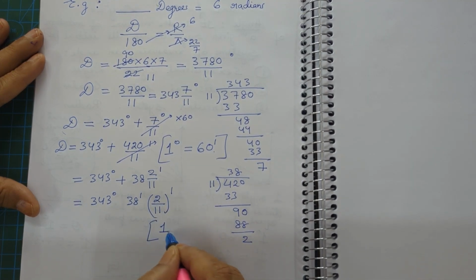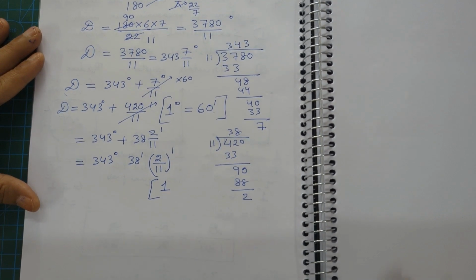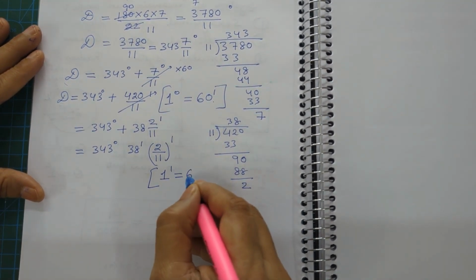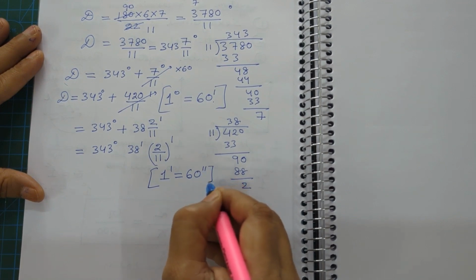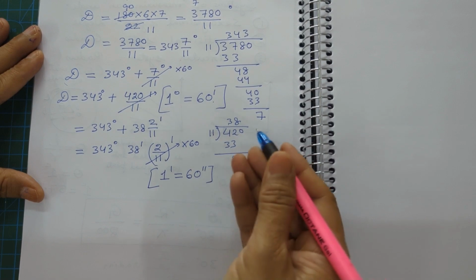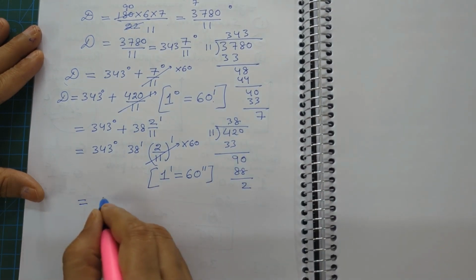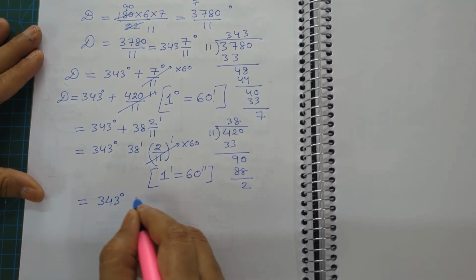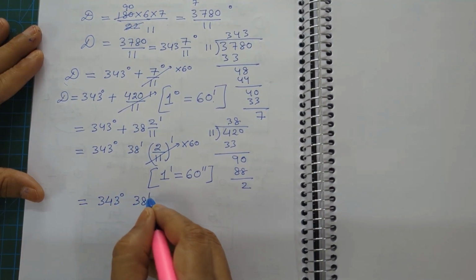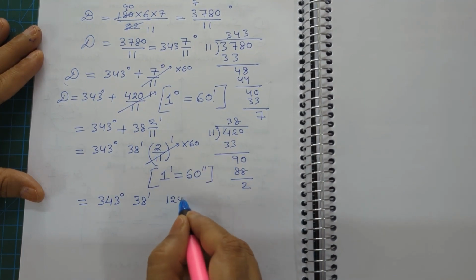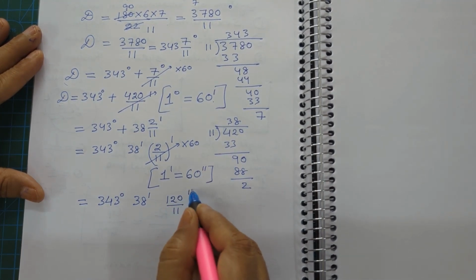Now remember that 1 minute is 60 seconds. So to this we will multiply 60 to get the answer in terms of seconds. So 6 radians is 343 degrees, 38 minutes, and 2 into 60, that is 120 upon 11 seconds.